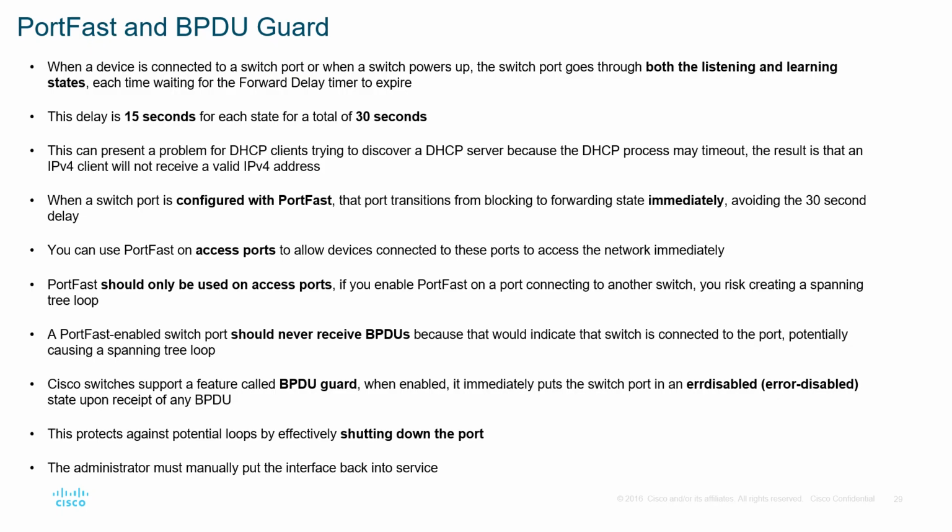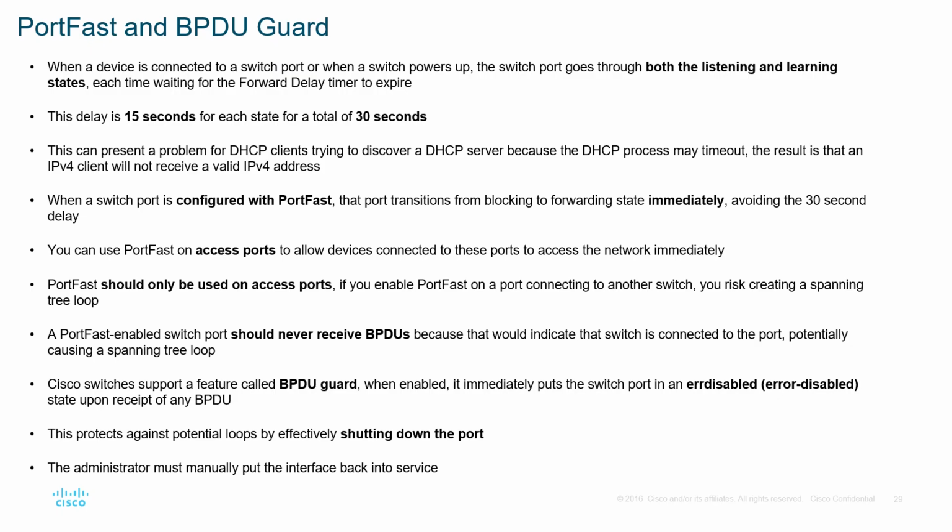So there are things we can implement to push that forward. We can configure a port with PortFast. A port configured with PortFast would then transition directly from a blocking state to a forwarding state, immediately avoiding that 30-second delay. You only use PortFast on access ports to allow devices connected to those ports to access the network immediately.